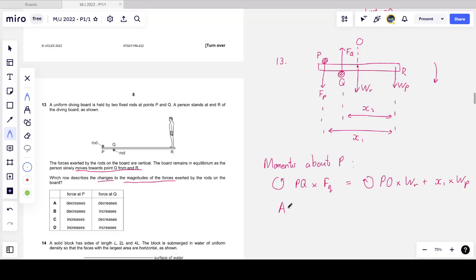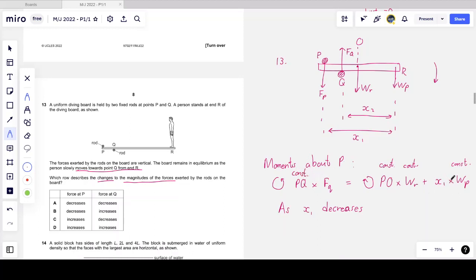So what I see from here is that as x1 decreases, we have to remember one thing here. WR is not changing, WP is not changing. PO is also not changing, PQ is not changing. So that's remaining constant, WP is remaining constant, FQ is going to change, but PQ is not going to change.